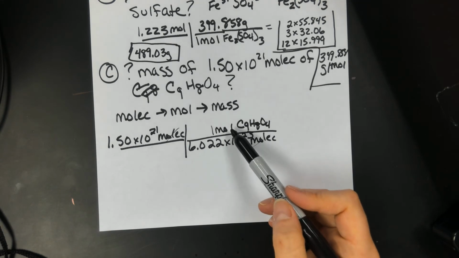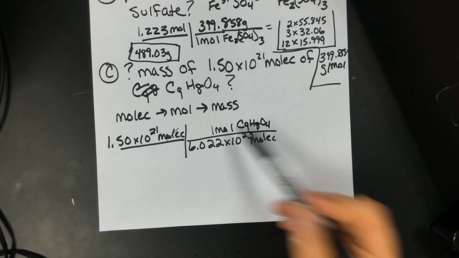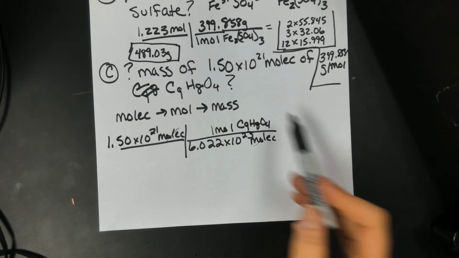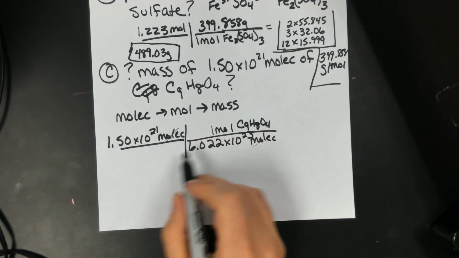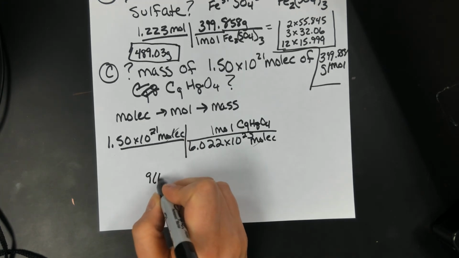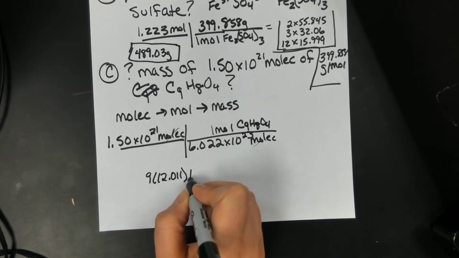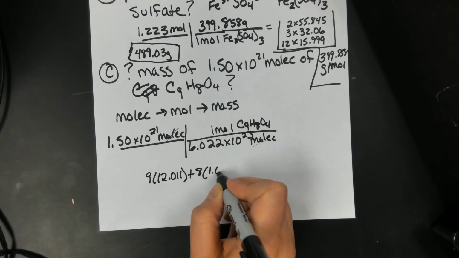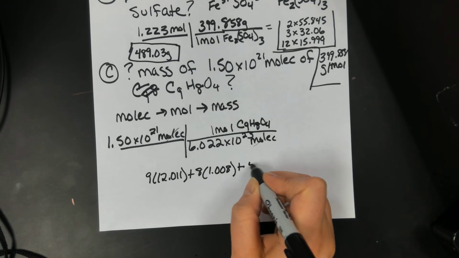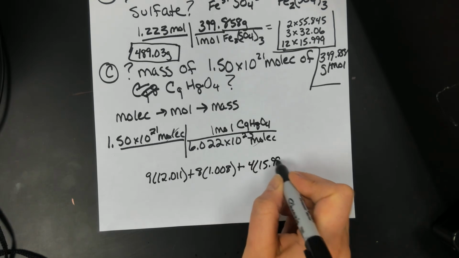So how do I turn moles into grams? Well, you use grams per mole. So I have to determine the molar mass of C9H8O4. It's going to be 9 times 12.011 plus 8 times 1.008 plus 4 times 15.999.